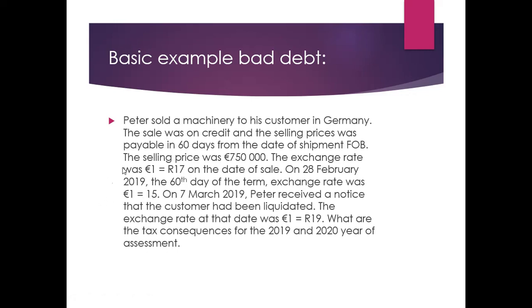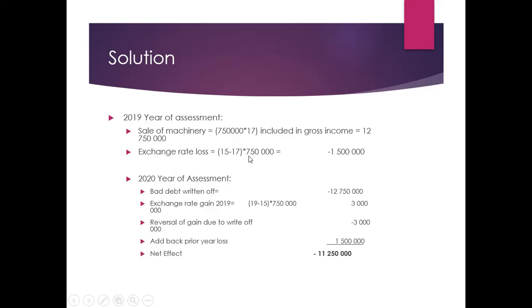That 2 rand times 750,000 will give him 1.5 million. 1.5 million will be deducted from his income. So as you can see here, the sale of the machinery included in gross income is 750,000 times 17, which gives us 12,750,000. Then the exchange rate loss is 15 minus 17, which is 2 times 750,000, gives us 1.5 million.